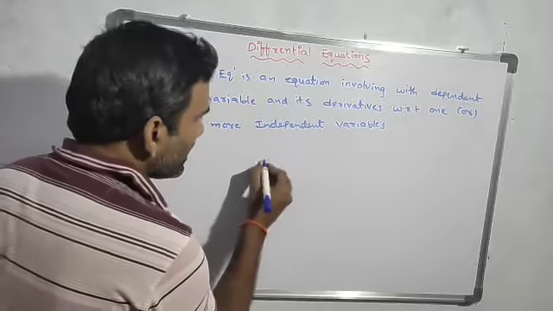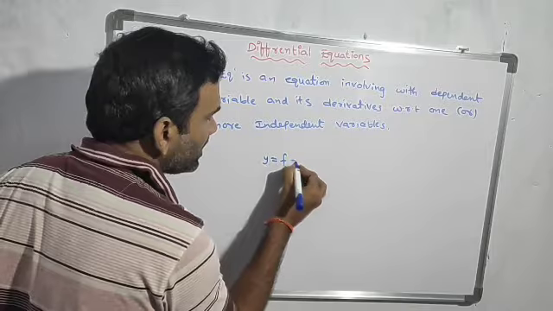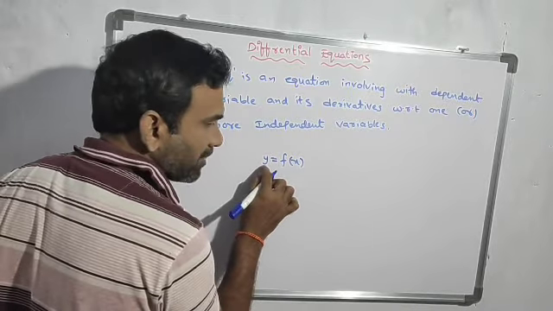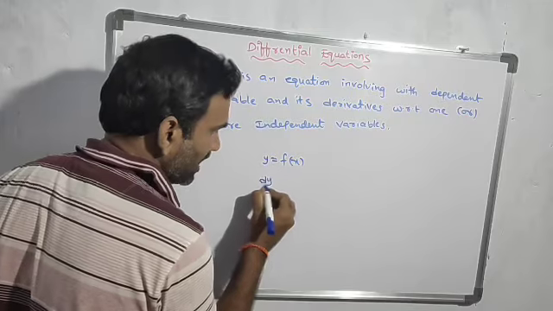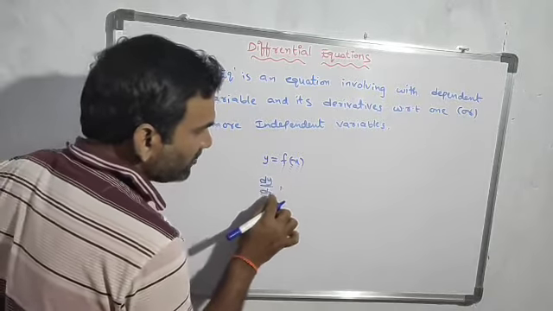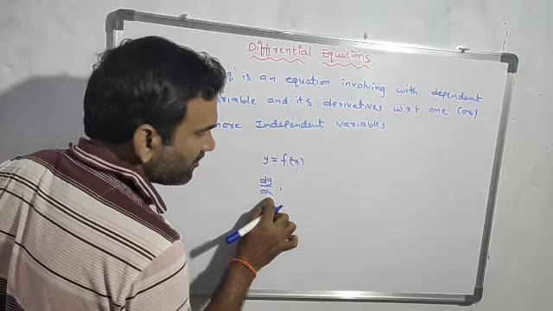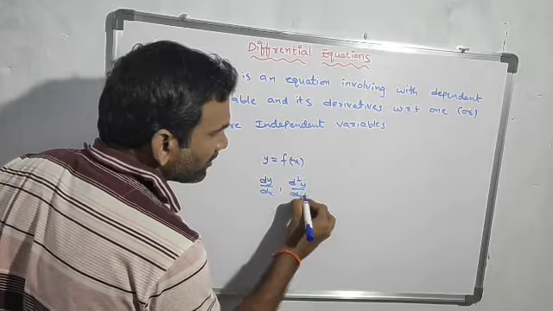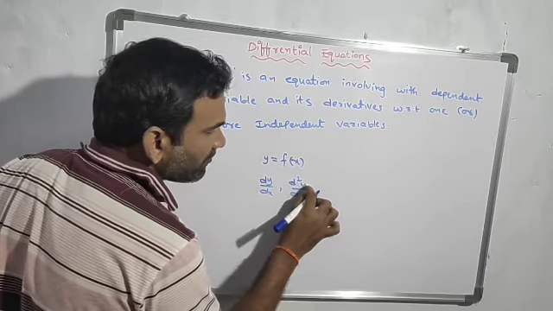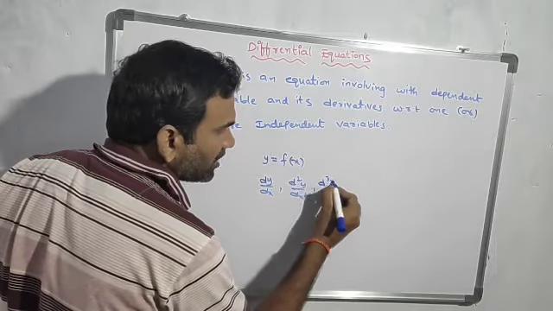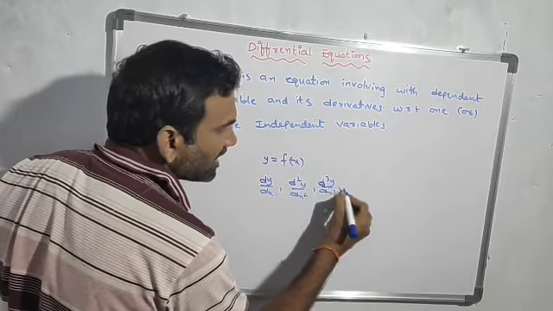For example, if I take one function y equals f of x, x is the independent variable and y is the dependent variable. Already we know dy by dx, the differentiation of y with respect to a single independent variable, and d square y by dx square, which means I am differentiating y with respect to x twice. d cube y by dx cube, like this.